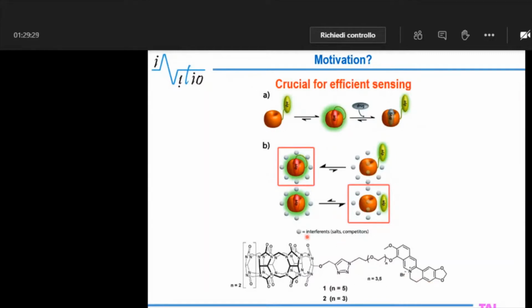Why? Because when you have only a non-covalently linked supramolecular aggregate, it easily dissociates in saline media. When it's already covalently linked, it can't happen, and you then have a working sensor which can work in saline media.